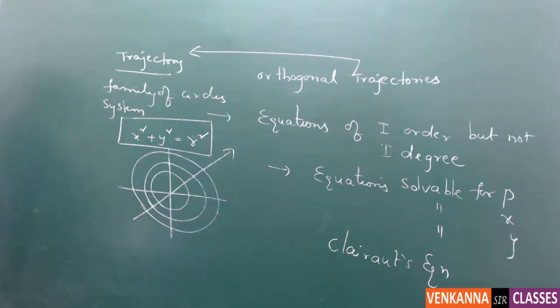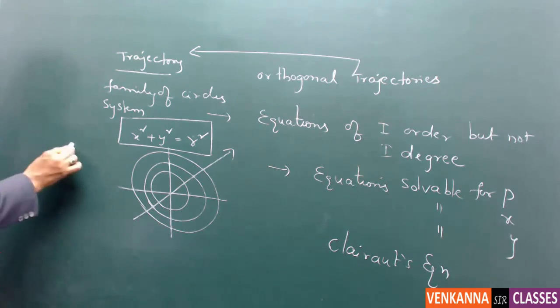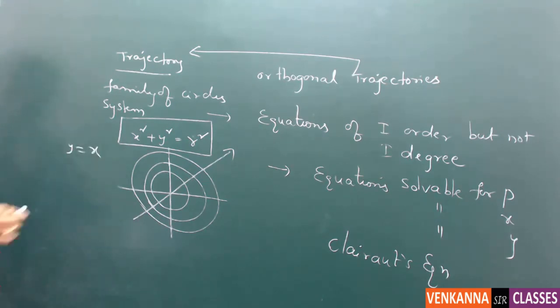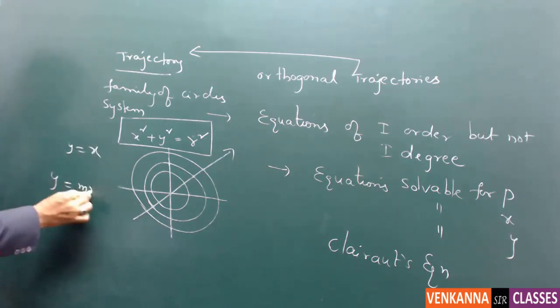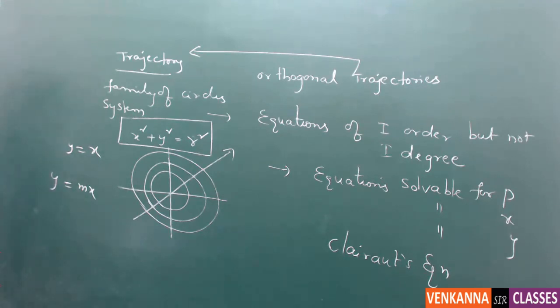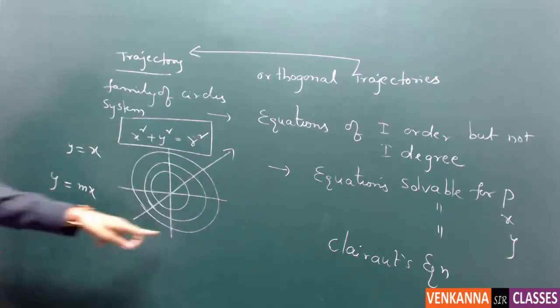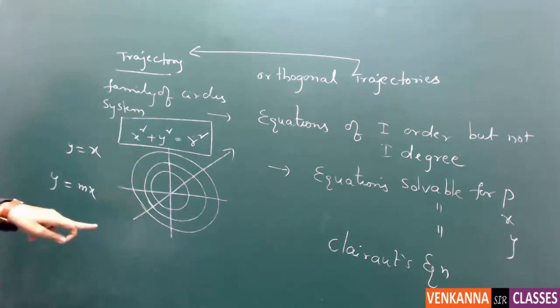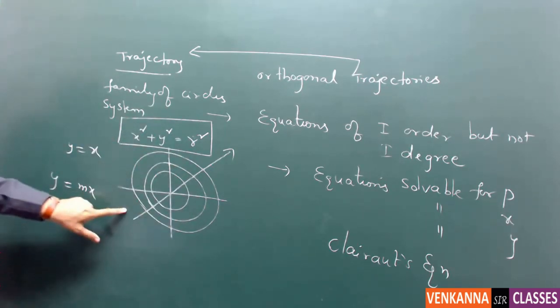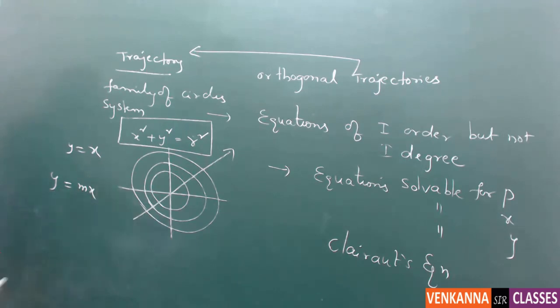For example, take the straight line y is equal to x. In particular, y is equal to mx. So if you consider this straight line, this meets each and every member of this family. Accepted? So we say that this straight line is nothing but trajectory for given family of circles.